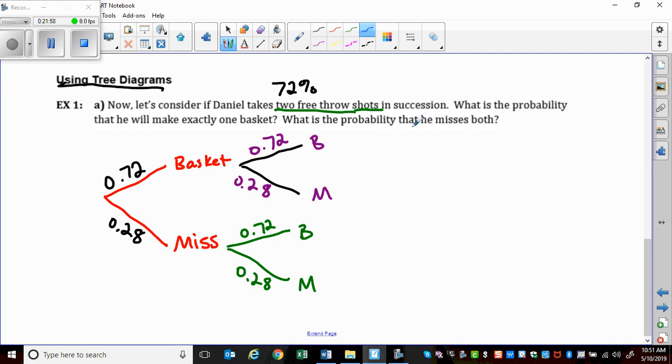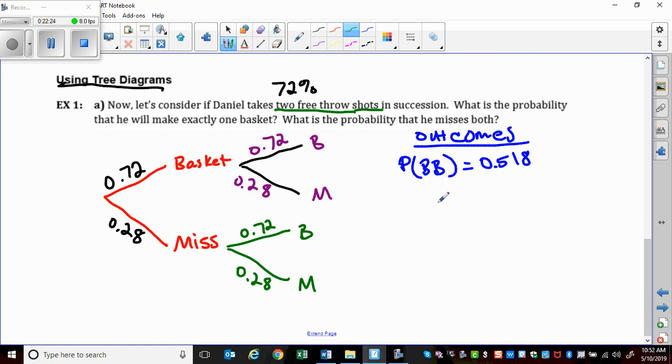So there's going to be 4 outcomes. The first is the probability that he makes a basket and then another basket. And we're going to multiply these. 0.72 times 0.72 is 0.518.